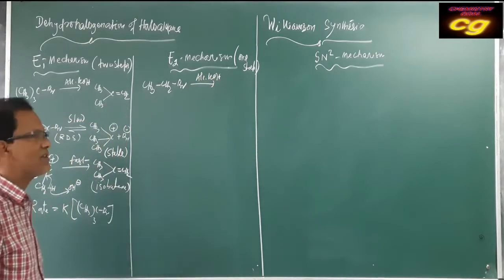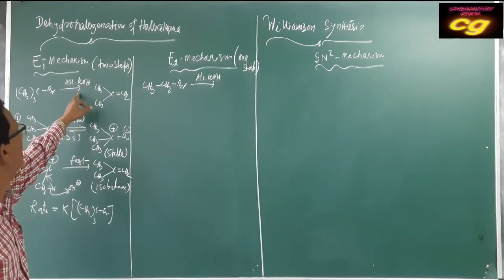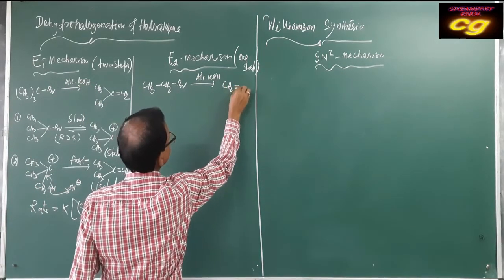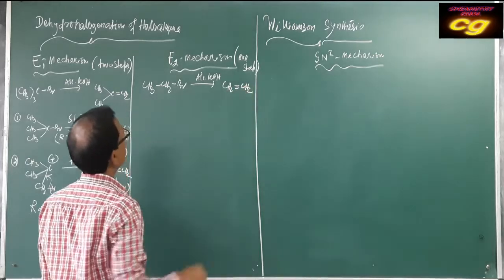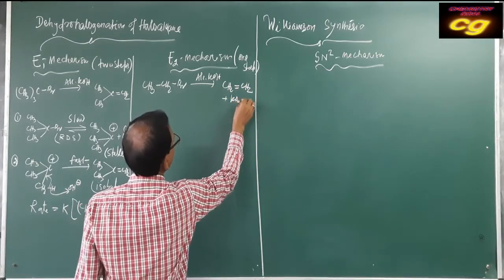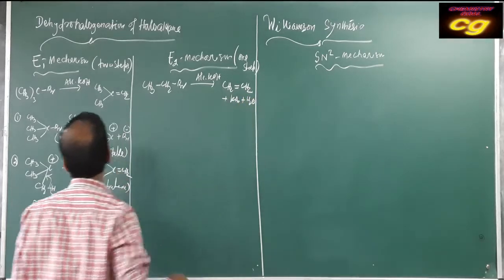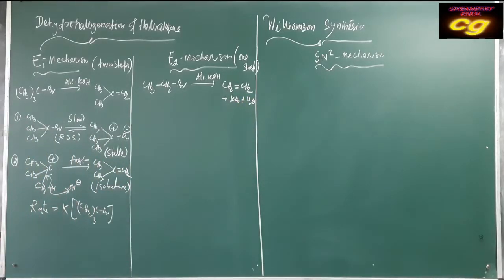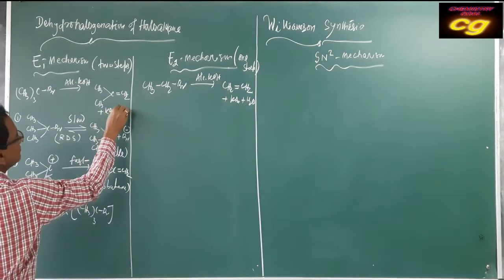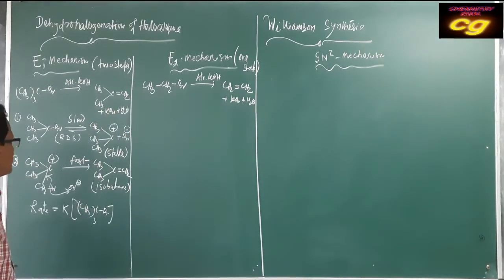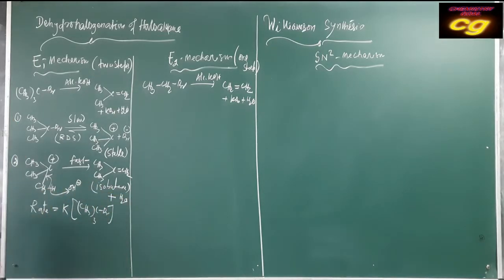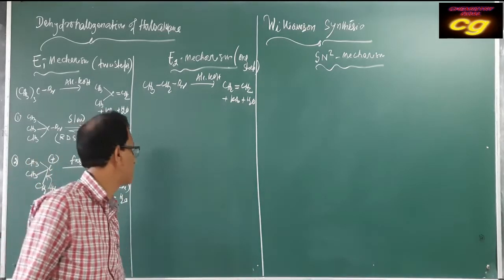Here alcoholic KOH acts as a base, and the products are alkene plus KBr and water. Here OH minus will take H plus and produce water, which is not necessary to show in the reaction.